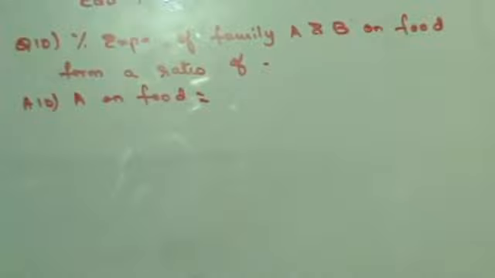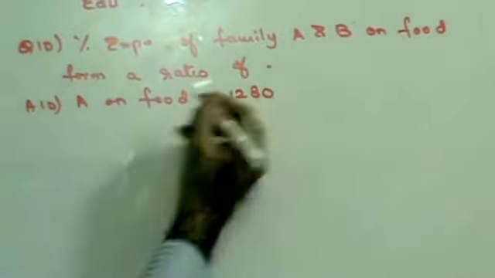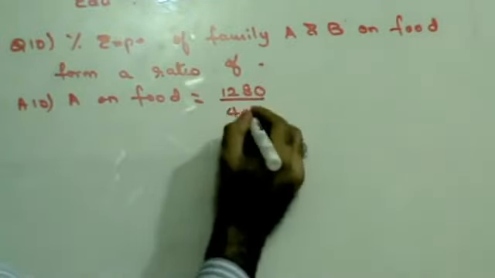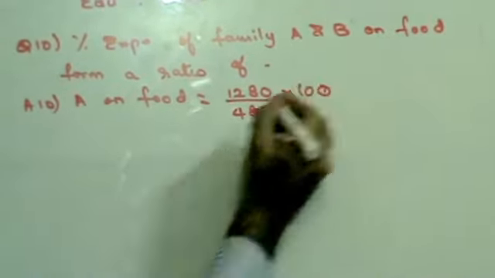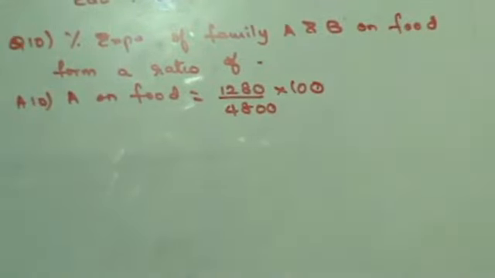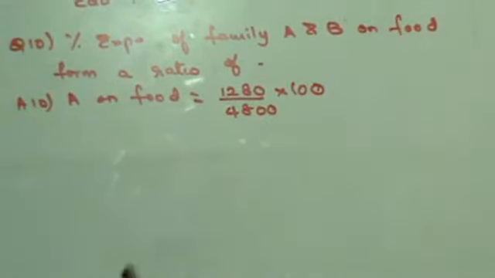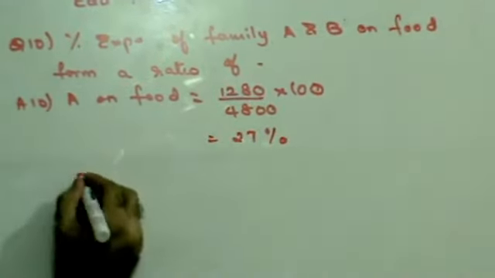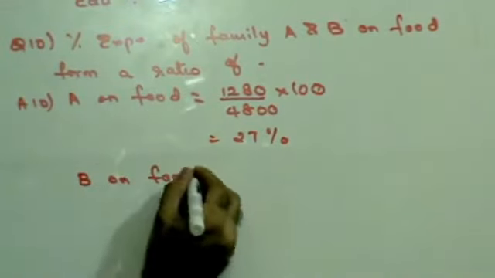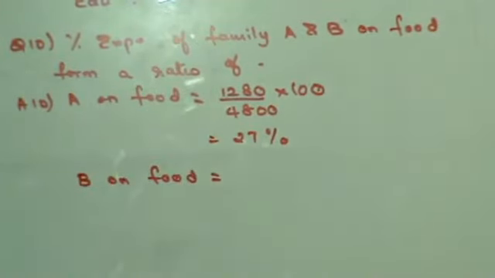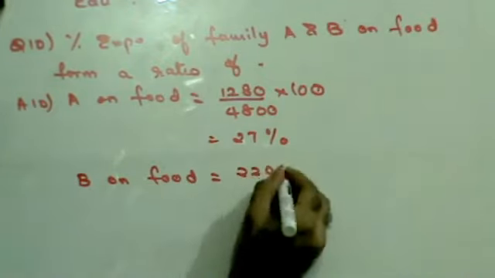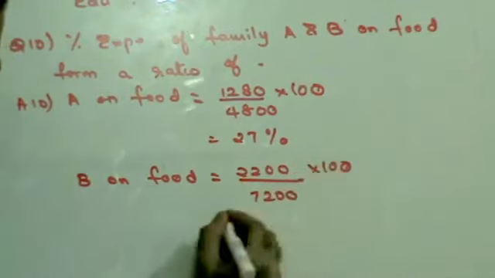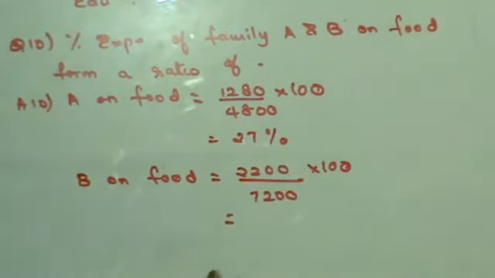Family A is spending 1280 on food, right? And their total expenditure is 4,800. So out of 4,800, they are spending 1280 on food, which approximately should come out to 27%, right? Family B on food. Family B is spending 2,200 on food out of the 7,200 that it is spending. So in terms of percentage, this comes out to 31%.